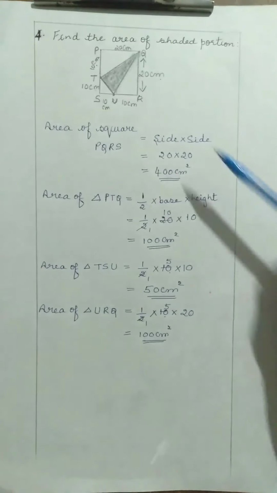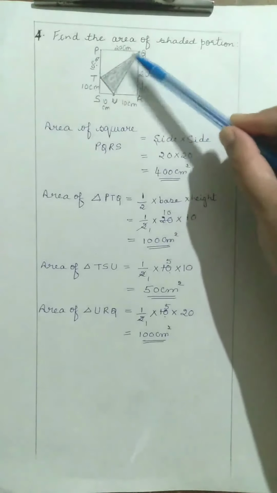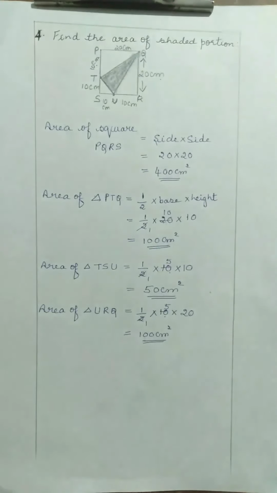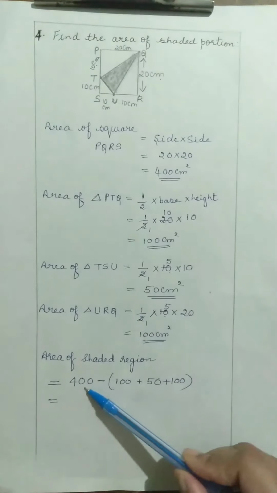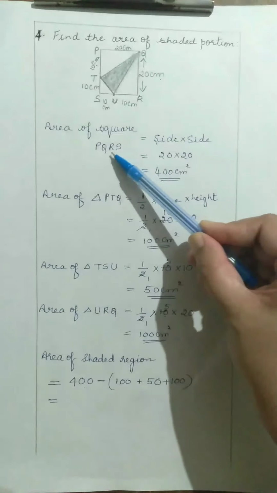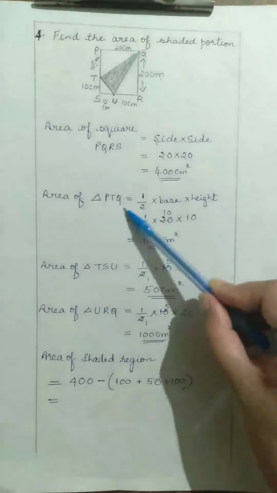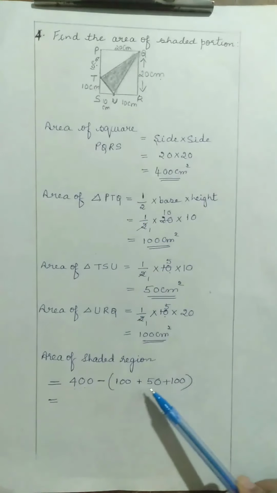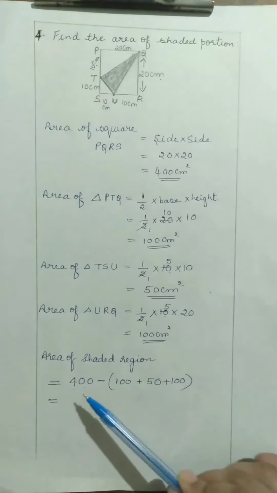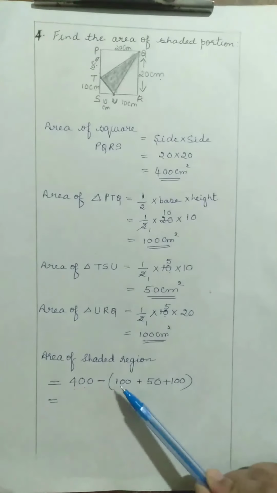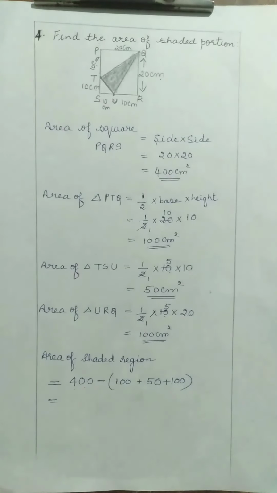Now we need to find out the area of the shaded region. In order to calculate this, children, 400 is the area of the square PQRS, which is the greater value, minus the area of the three triangles, that is 100 plus 50 plus 100. Therefore, the area of the square minus the area of all these triangles.